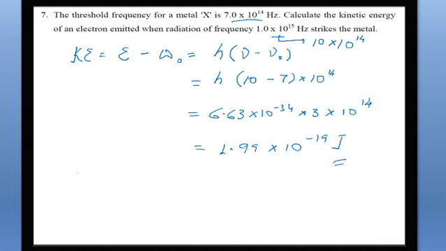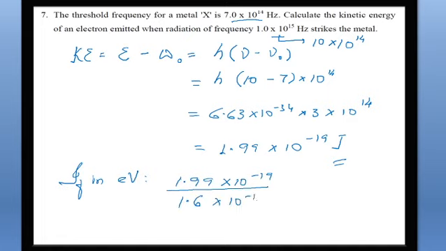So if in electron volts, what you need to do is it should be 1.99 × 10 to the power minus 19 divided by 1.6 × 10 to the power minus 19. So these two in any case cancel, so you have 1.99 divided by 1.6, right?